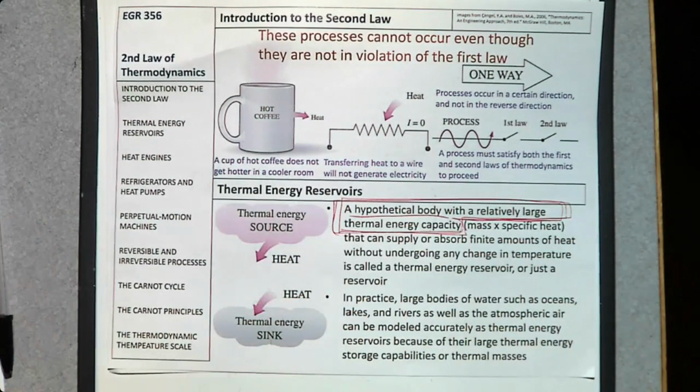One of the examples is that if you want to build a power plant, you need to have a sustainable cooling source. For example, the air, when we want to have an air cooling system, or the water from a nearby lake or river, so we can have constant temperature fresh water to cool down our working gases. Those are considered thermal energy reservoirs.